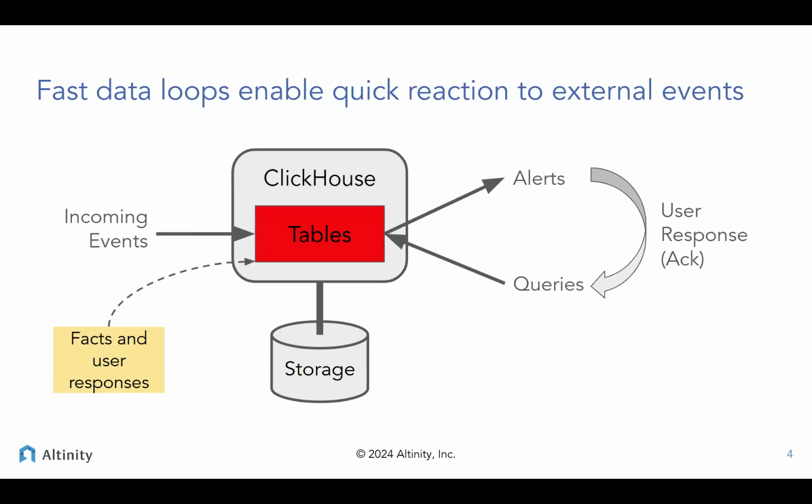These systems try and collect information. They feed it into tables in the database. And what we want to do is generate alerts or notifications to users that they can respond to and then investigate further. So this is a very, very common pattern in many use cases.